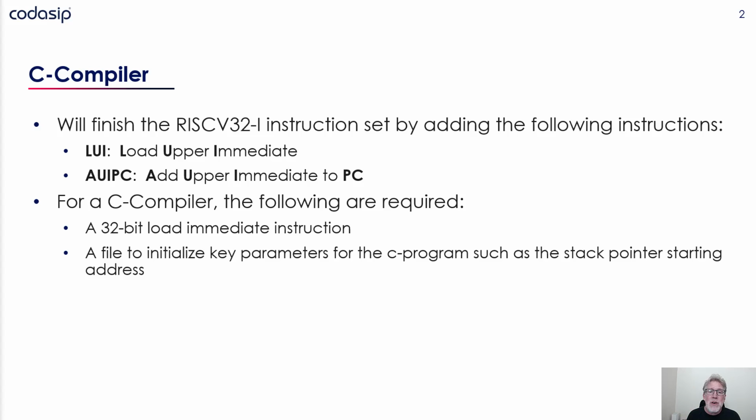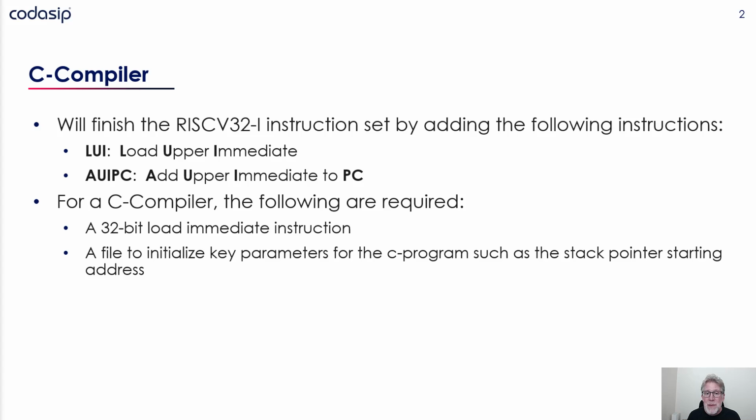Those system variables are initialized in a program called either the CRT0.s or CRT1.s. These files are appended in front of your C program, depending upon the way you build your program, and they initialize all the variables before your program starts. Both of these are required to enable the C compiler.